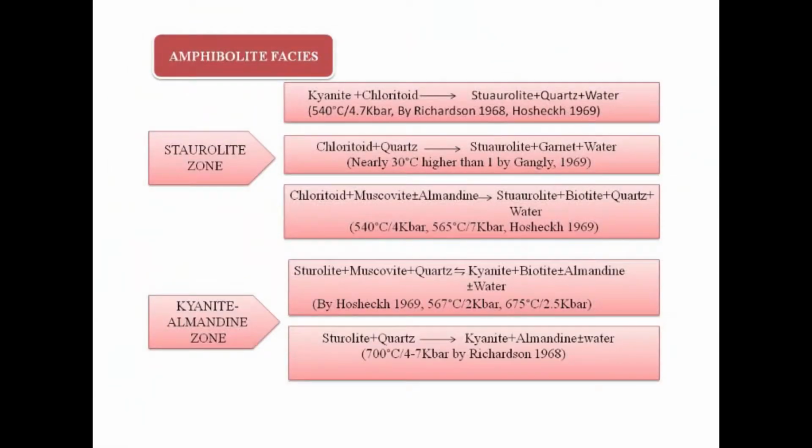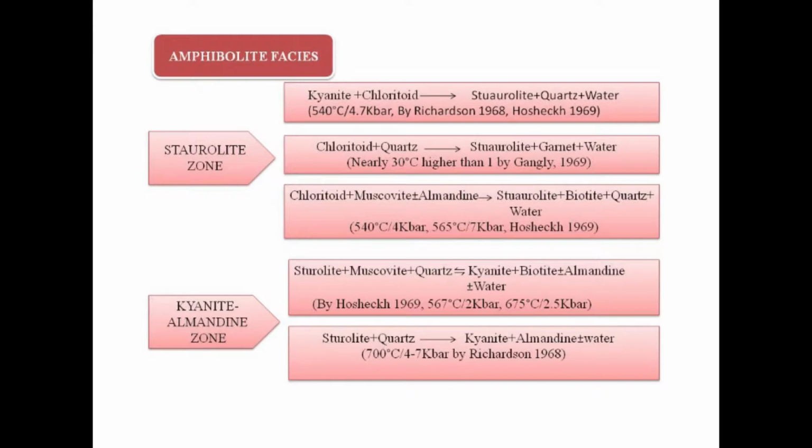Staurolite appears in rocks that are richer in Al2O3 and FeO and poor in alkalis, as shown by Hoschek in 1967. Kyanite plus chloritoid give rise to staurolite plus quartz plus water.